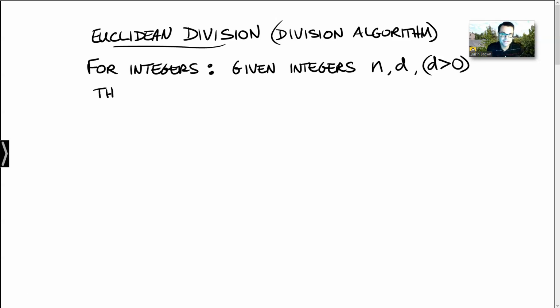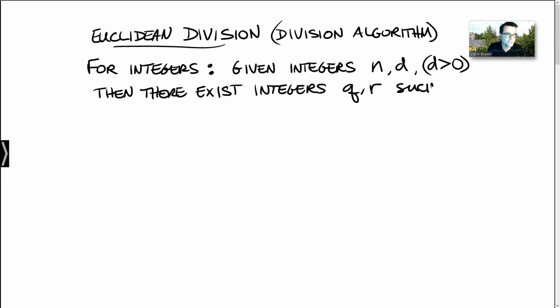So it then says that there exist integers Q and R such that something is going to hold. So what is going to happen here? You might be able to tell by the variable names. These are not arbitrary.